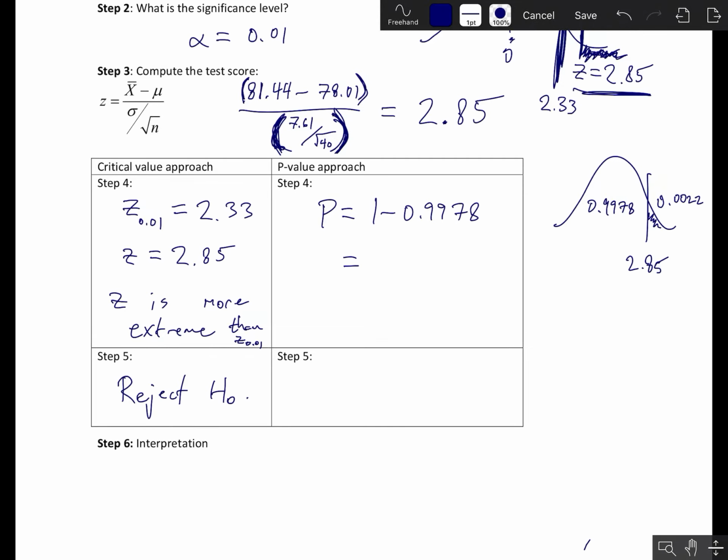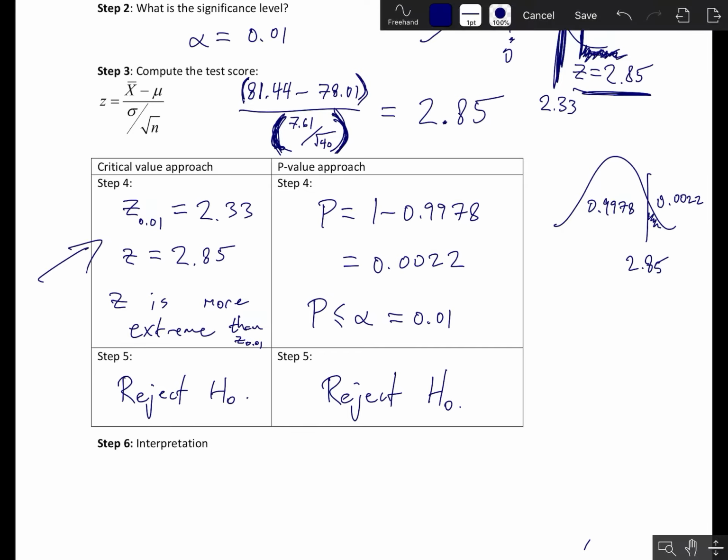So we would get a p-value of 1 minus 0.9978, which is 0.0022. And here our p-value is less than or equal to alpha. Because remember that alpha was, in this case, 0.01. So because our p-value is smaller than alpha, the instructions say that we should reject the null hypothesis.